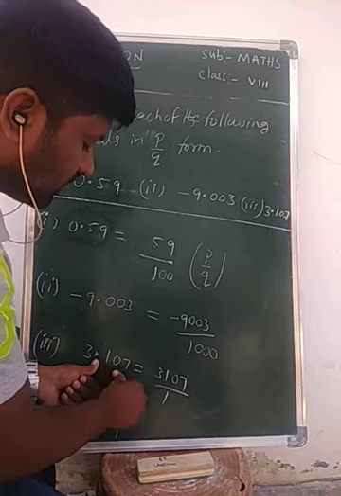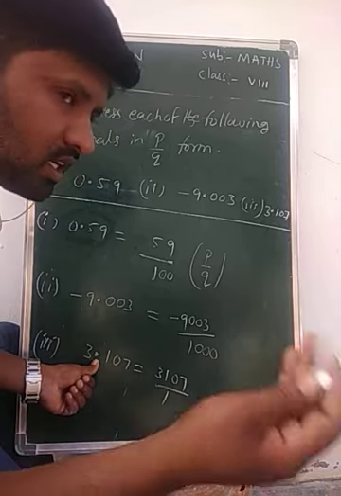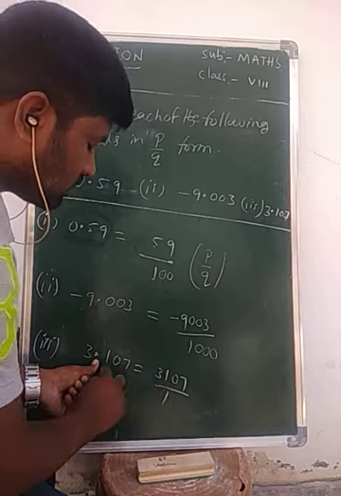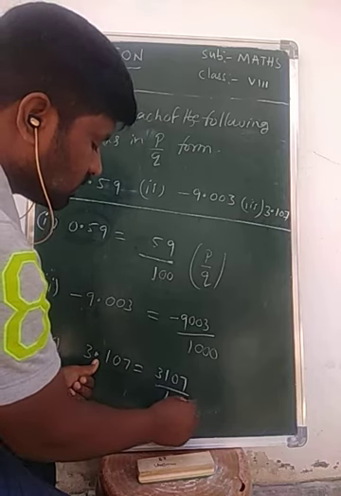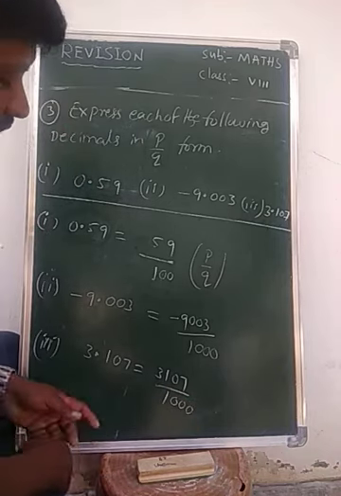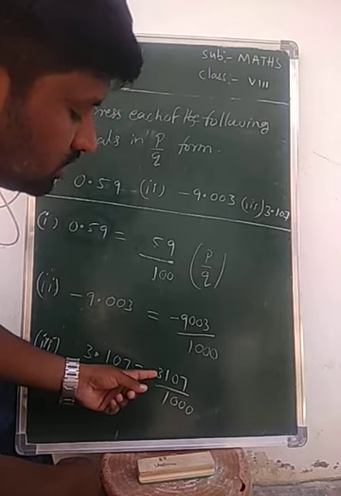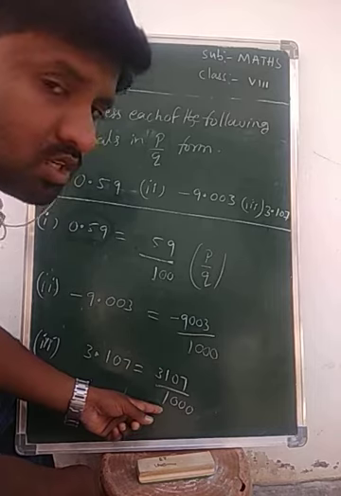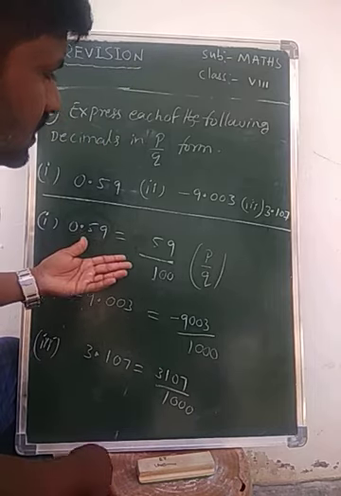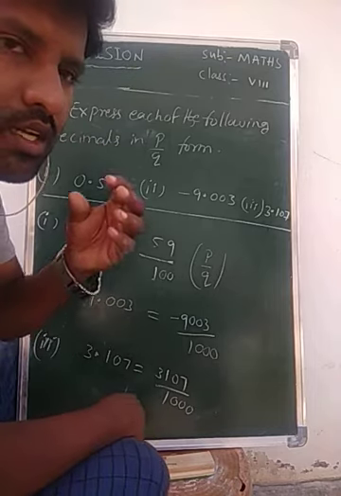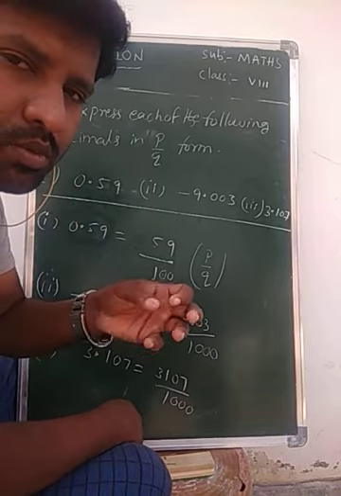See the digits after the point on the right side. 3 digits are there. That's why you write 3 zeros. So the rational form of 3.107 is 3107 by 1000. So clearly, like this, we can convert terminating decimals into p by q form.